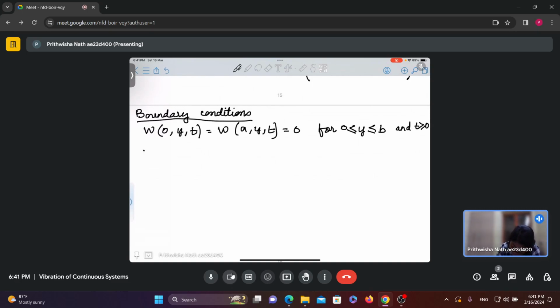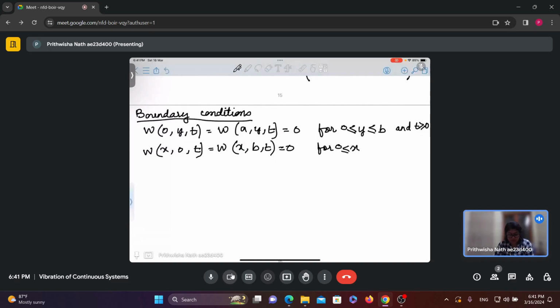Similarly, W(x, 0, t) equals W(x, b, t) equals 0 for x from 0 to a and time greater than or equal to 0.